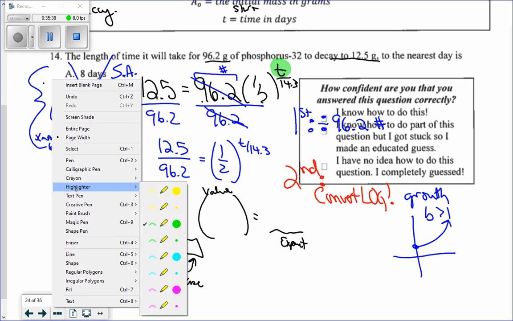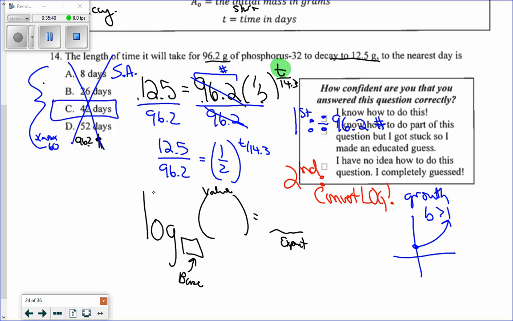When you look at your equation here, 12.5 over 96.2 equals 1/2 to the t over 14.3. Which one of those is the base? Which one has the exponent attached to it? Right? So the base is 1/2. The base is at the bottom of the exponent.